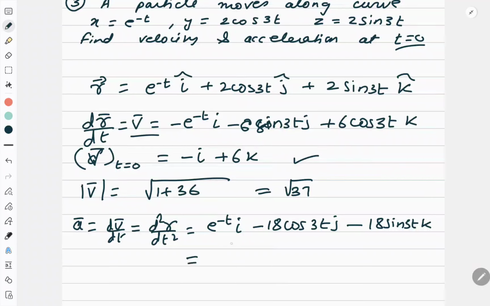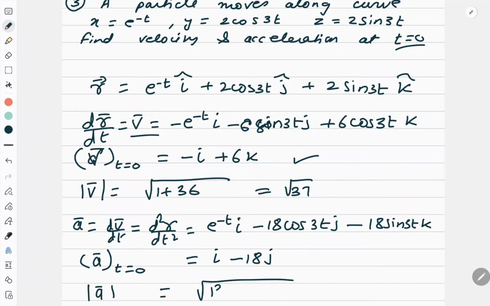At t is equal to 0, this is i minus 18j, because the k term will become 0, as we know that sin 0 is 0. Right? So this is the acceleration. If I want to find the magnitude of acceleration, what will I do?